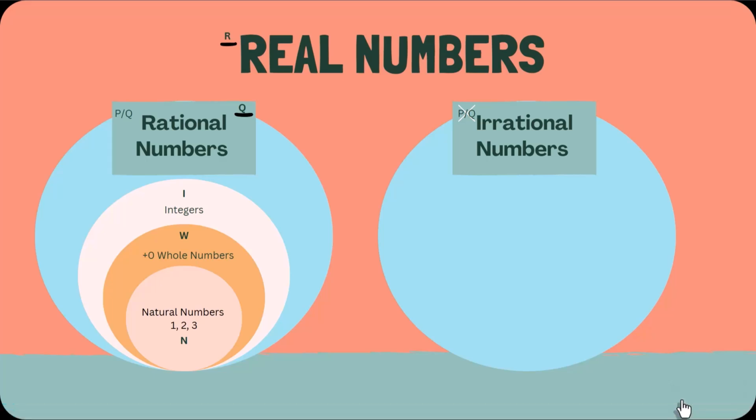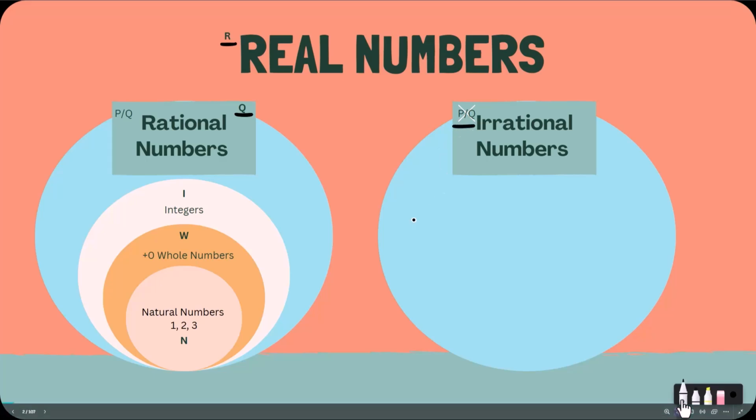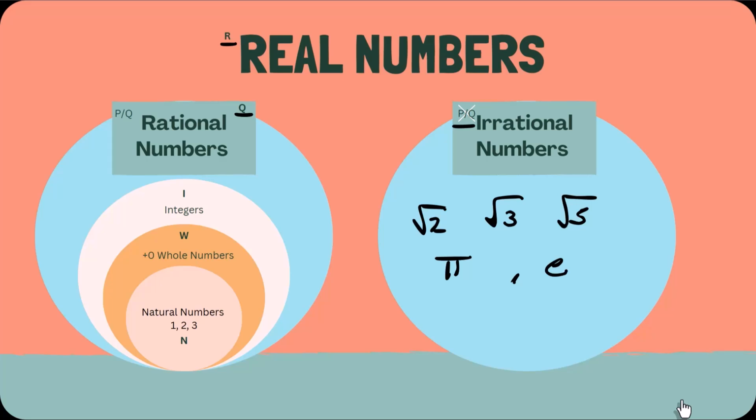Those numbers which cannot be written in the form p by q are called irrational numbers. For example, √2, √3, √5, pi, Euler's number, and different constants as well. What is the logic here? Why can't these be written in the form p by q, although they are on the number line?